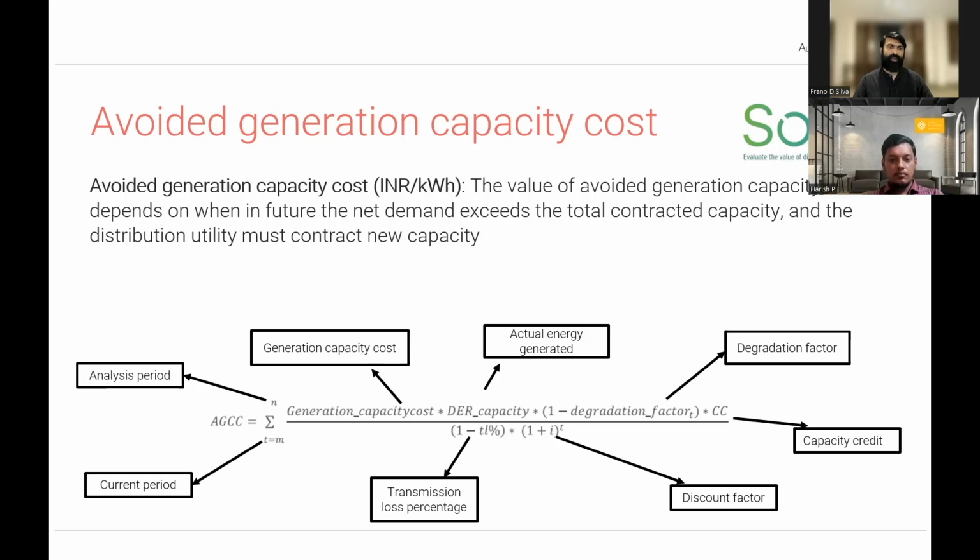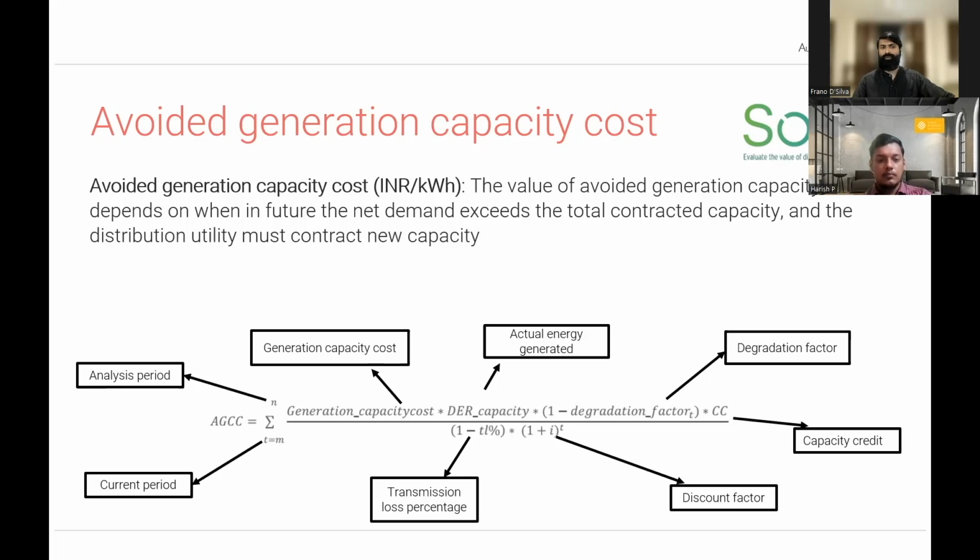In this way, we would have to contract less capacity from this thermal plant, avoiding a generation capacity cost. And this is the value that represents how much of the cost we have avoided per unit of electricity by integrating DER into the distribution network.